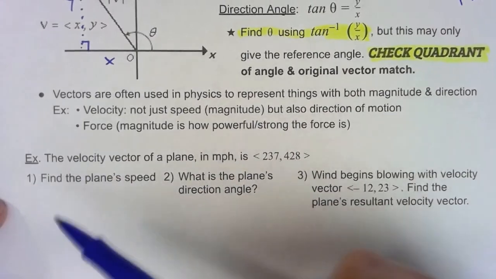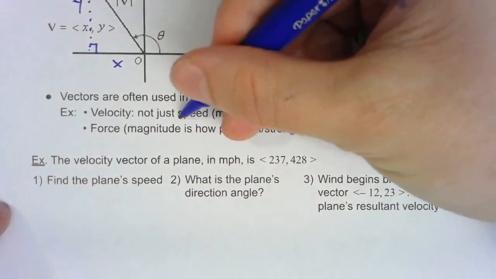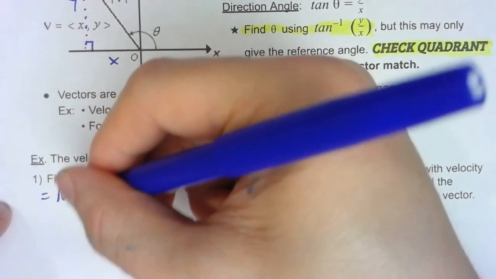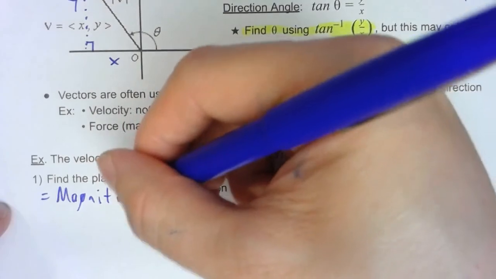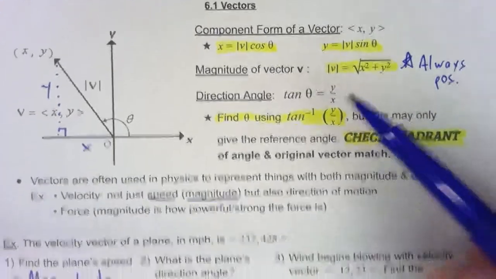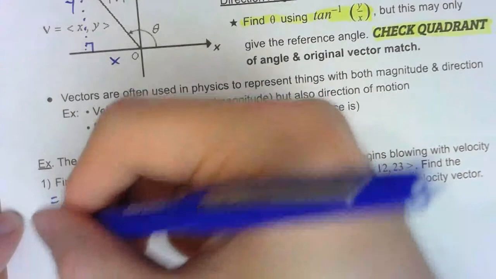Now let's say we want to know the overall speed of the plane. Well, speed is going to be the same thing as magnitude. So we just want to find the magnitude here. A lot of these problems, we're just going to be using these four highlighted formulas right here. So magnitude, we just want square root of x squared plus y squared.